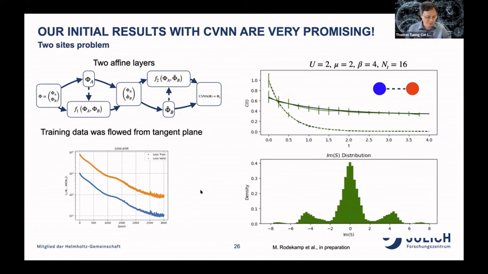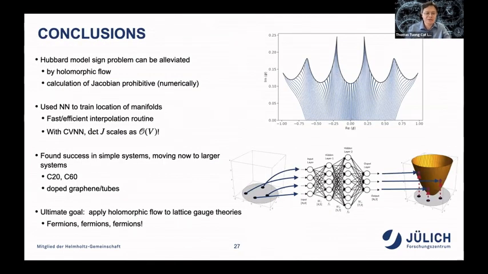Finally, I just want to conclude. I've talked about the Hubbard model and its sign problem and how we try to alleviate it with holomorphic flow. We developed a complex valued neural network that really allows us to get a determinant J that scales as order volume. This is a game changer for us. This will allow us to push to much, much larger systems like C20, C60, doped graphene and tubes as well.